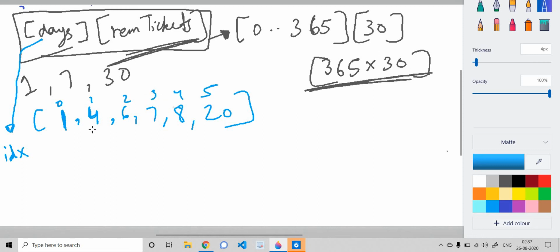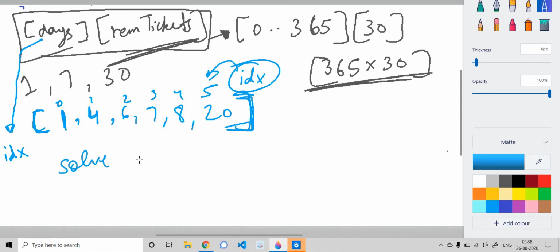We will be able to fetch the value of that particular day using the indexes. So we will be reducing our time complexity here. Suppose we are on some index, let's call it IDX. So whenever I am in the function with IDX and the remaining days, let's call it remaining tickets.